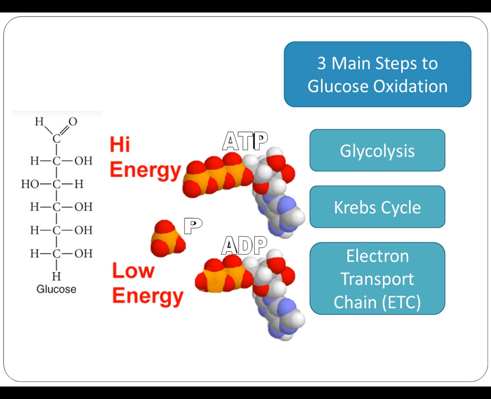So the electron transport chain utilizes those coenzymes NADH and FADH2 to make abundant amounts of ATP. And this is where oxygen is used. Oxygen is used at the end of the electron transport chain to accept electrons.